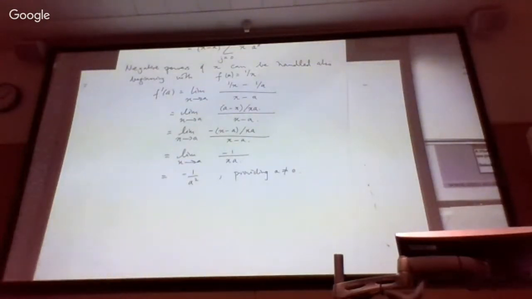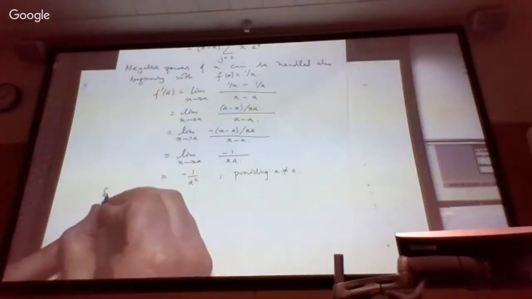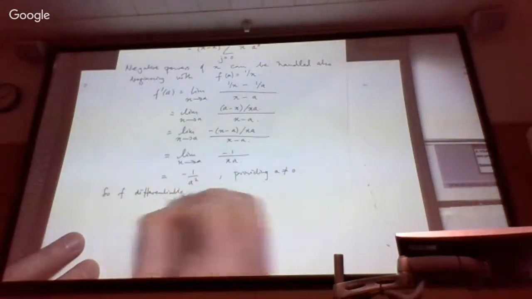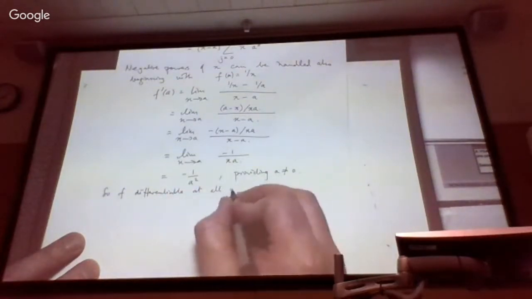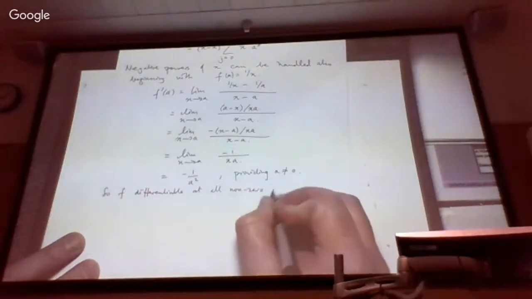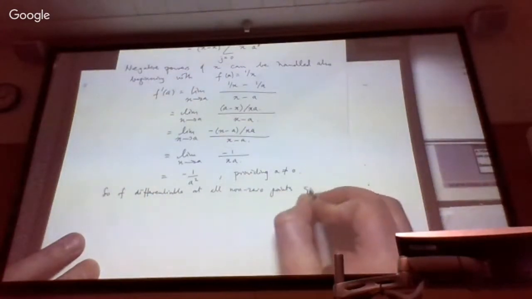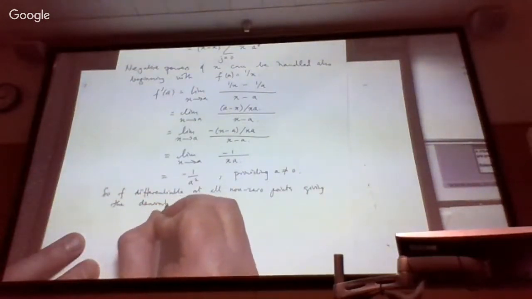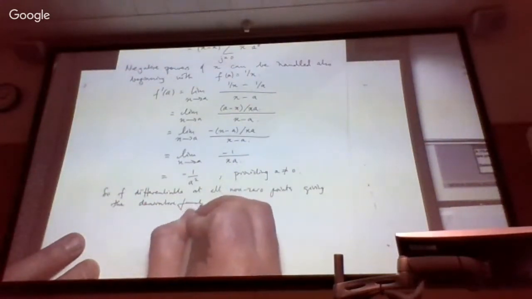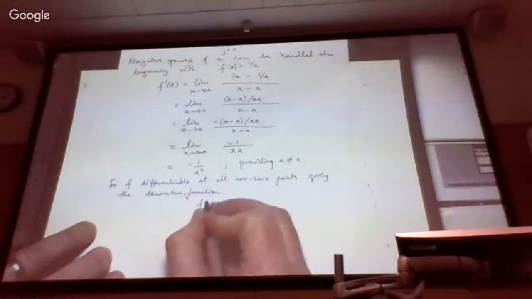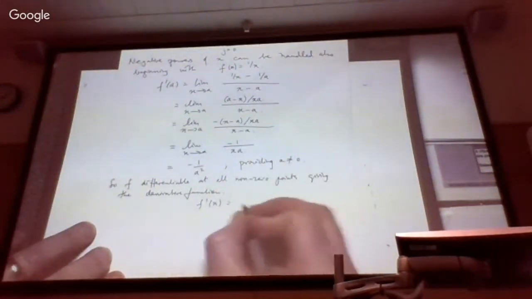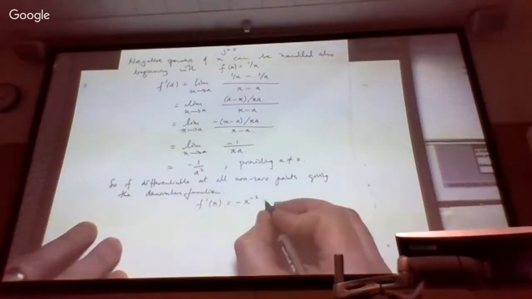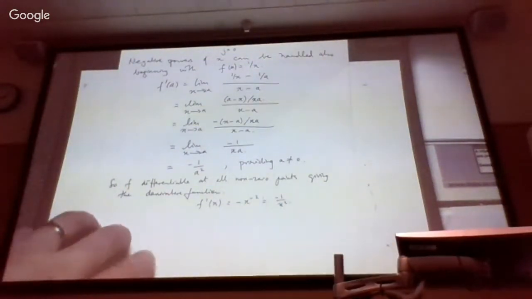So again, this function is differentiable. Okay? So f is differentiable at all non-zero points, giving the derivative function. We have a derivative function f prime of x is minus x to the minus 2, or minus 1 over x squared.